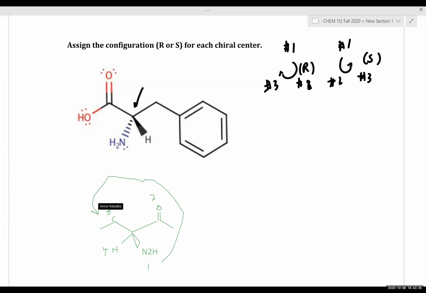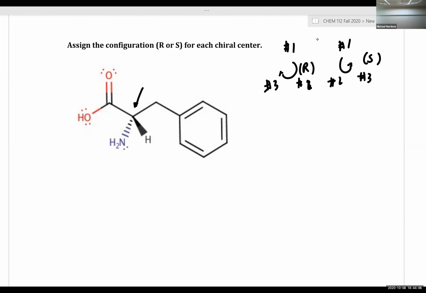So in this case, we see that the molecule was rotated so that the hydrogen's in the back, and from highest to lowest priority, the configuration was assigned as S. This looks reasonable so far, so let's talk about this and let's use a model.